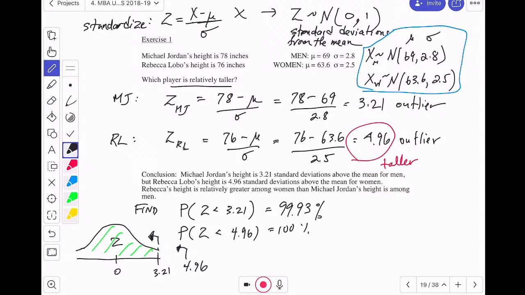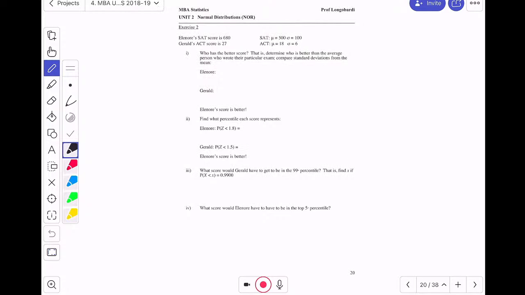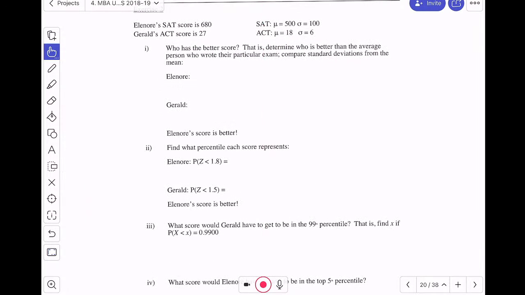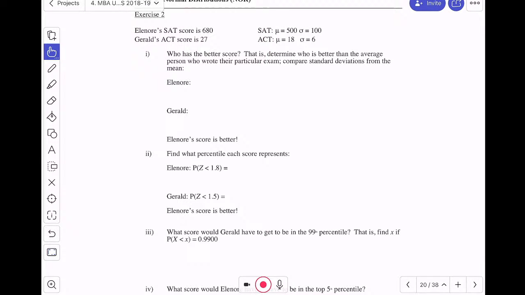All right, let's do the next one. So this is another applied case where you have information from a standardized test for two students, and we want to determine who's the better student. Who had the better score? They wrote different tests, but they were both standardized tests, and we agree that standardized tests are normally distributed.